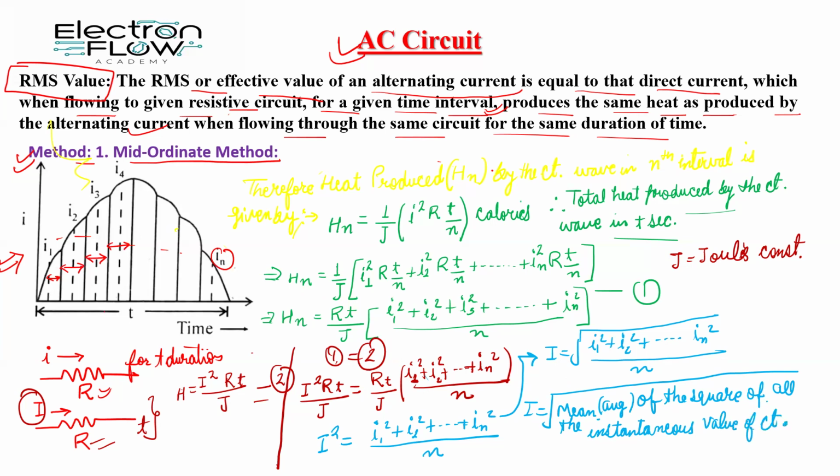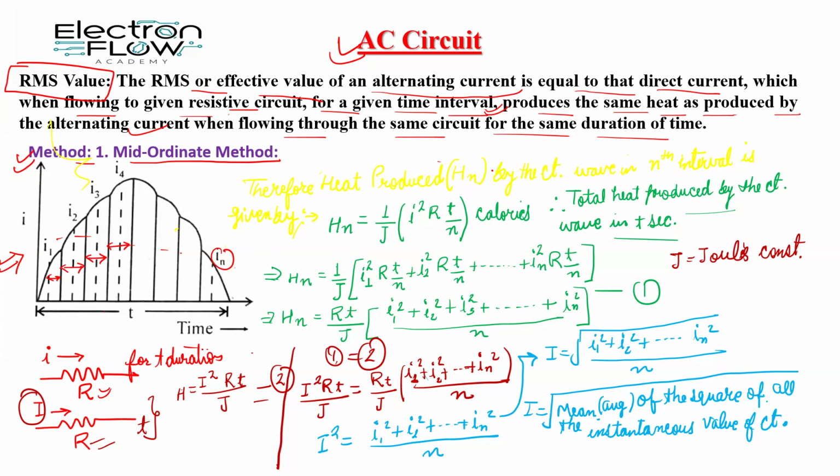So this is how we know, with the help of the mid-ordinate method, that the total value of I is nothing but the square root of the mean of the squares of all instantaneous values of the current.